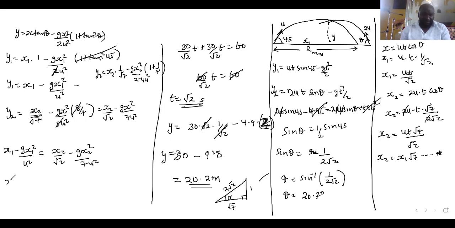So we shall have x1 minus g of x1 squared over u squared is equal to x1 root of 7 divided by root of 7 minus g of 7 x1 squared divided by 7u squared. I lose the 7, the whole of this part becomes the same as this part.